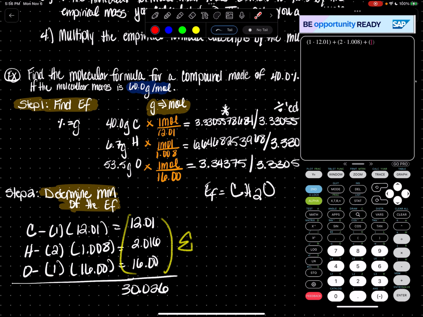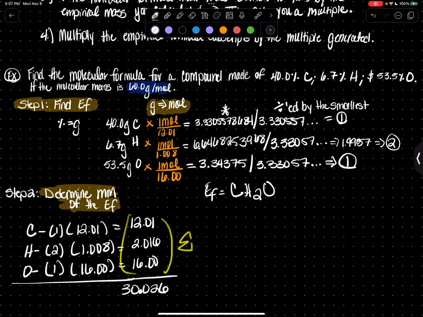I'm doing everything all at once, so if you need to save some calculator steps, you should get the same exact answer here, and in fact, we do. That's just a little tip and trick to help you cut off some time while you're doing these. So let's move it along.